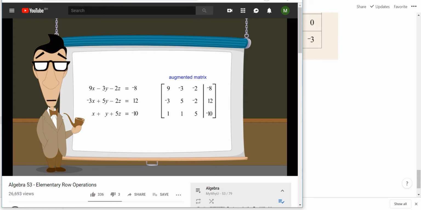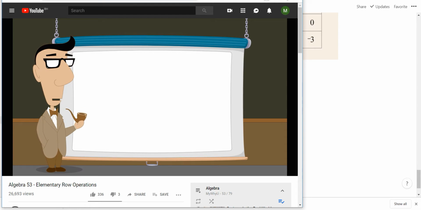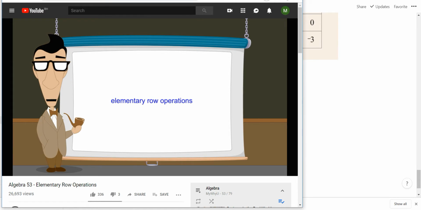As we will see in this lecture, the second step is to transform this matrix into one corresponding to an equivalent system of simpler equations. We do this by using elementary row operations. There are three types of elementary row operations which we will refer to as swap, scale, and pivot.